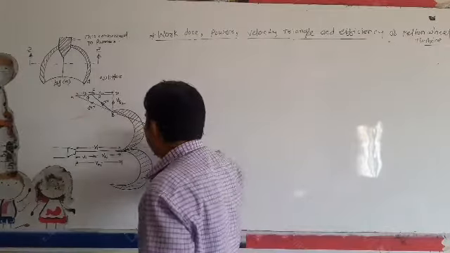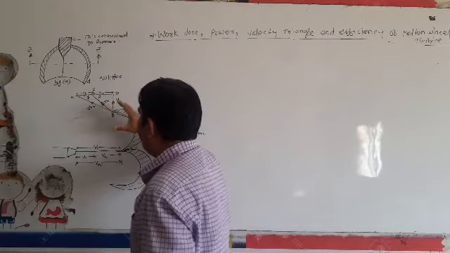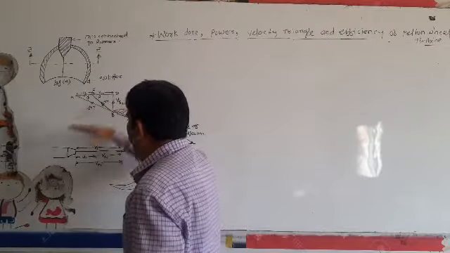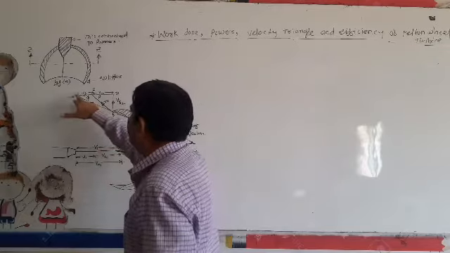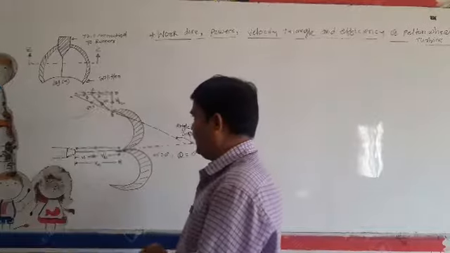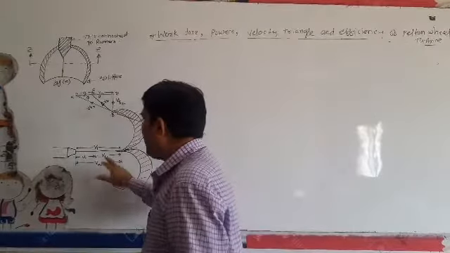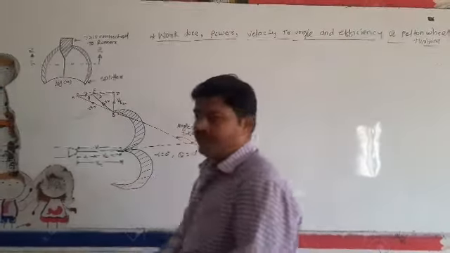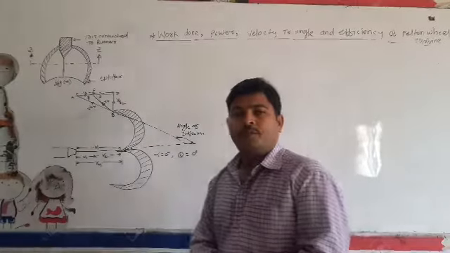Here V2 is the velocity of jet, and u2 is the velocity of bucket at the outlet, where Vr1 is the relative velocity of the runner.